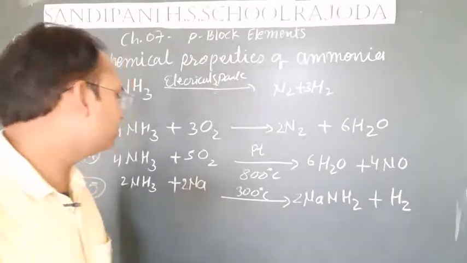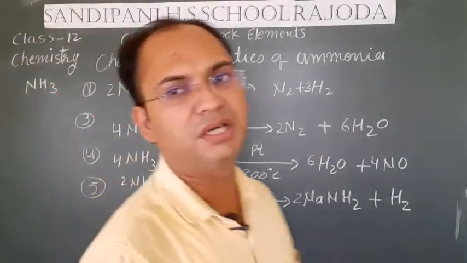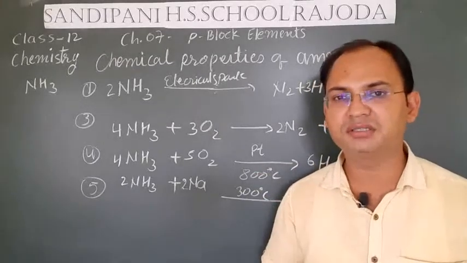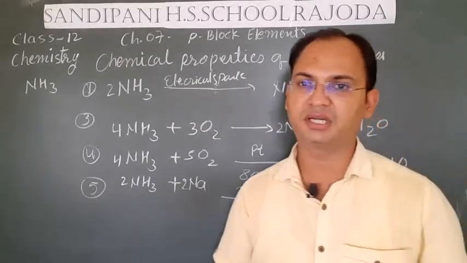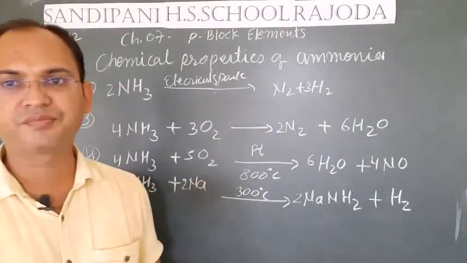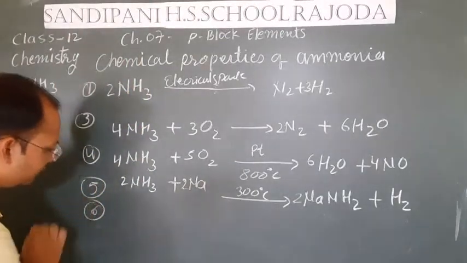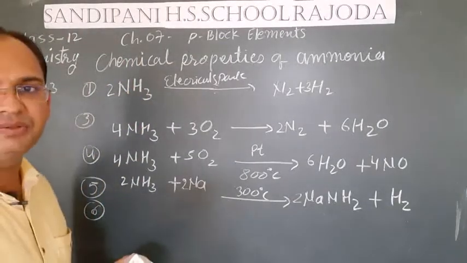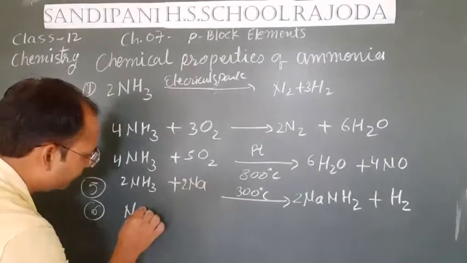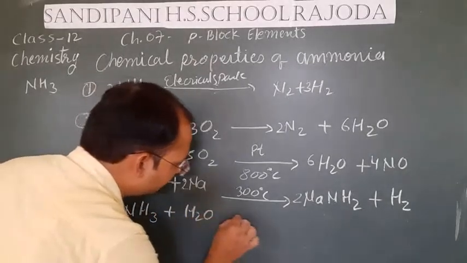Another most important property of ammonia is that ammonia reacts with or gets dissolved in water to form ammonium hydroxide. Ammonium hydroxide is a strong base. Let's see how the reaction takes place. The sixth one is the reaction of ammonia with water. It is also a very simple type of reaction, that is NH3 plus H2O.